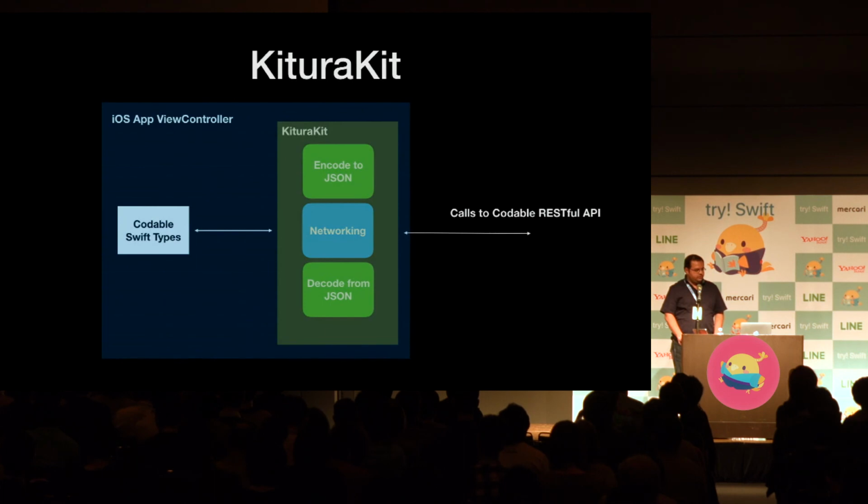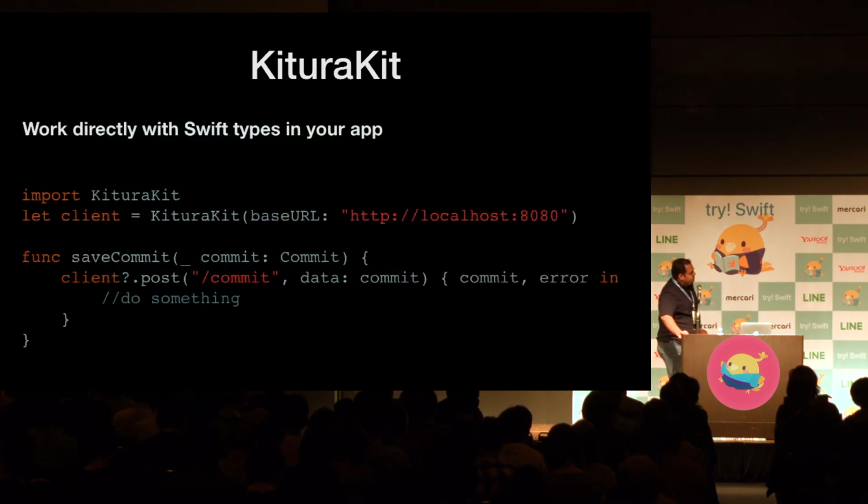It's available on CocoaPods. What it does is it encapsulates the process of encoding JSON, making a network call, and then decoding JSON. And it allows you to work directly with your Codable Swift types. Just an example of how the code looks. This is saving a commit from your view controller.